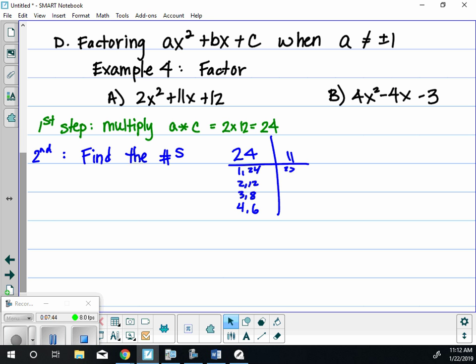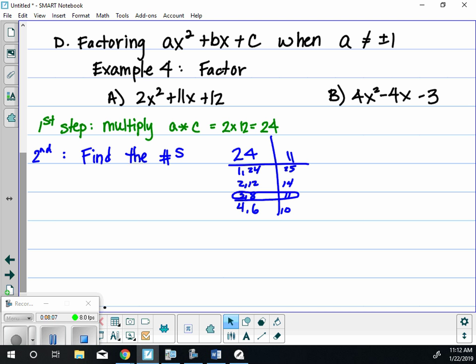So 1 and 24 would give me 25, 2 and 12 is 14, 3 and 8 is 11, 4 and 6 is 10. So 3 and 8 is what we want. Okay. So 3 and 8 are our numbers that we want to use.